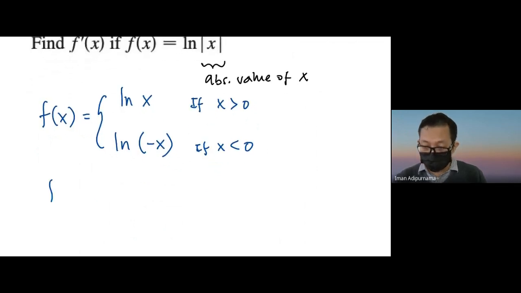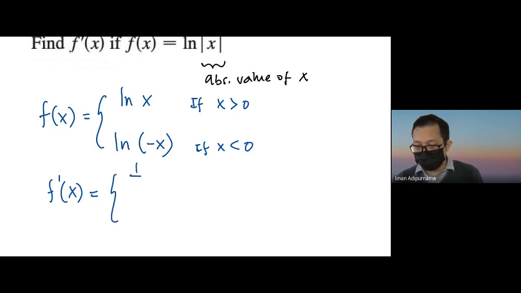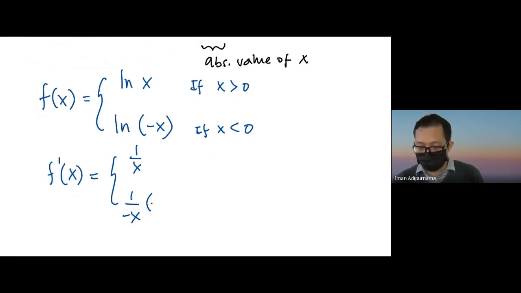Because the derivative of this ln absolute value is also different. But then this is 1 over x. Do you agree? Do you agree?